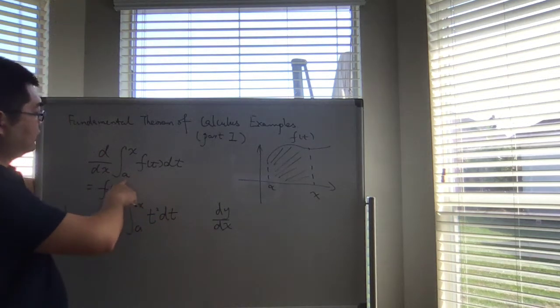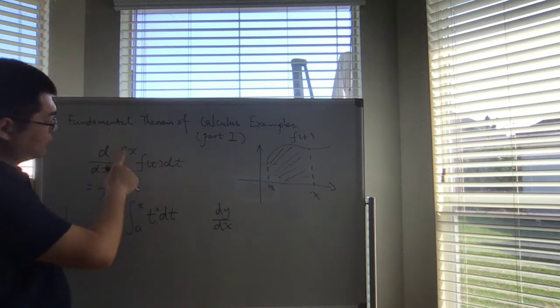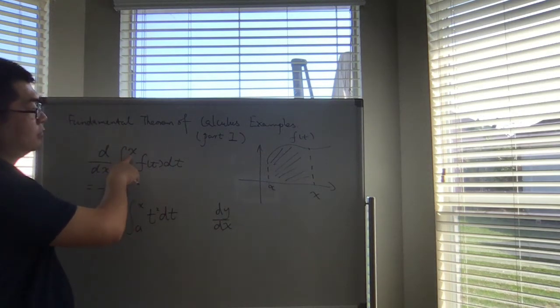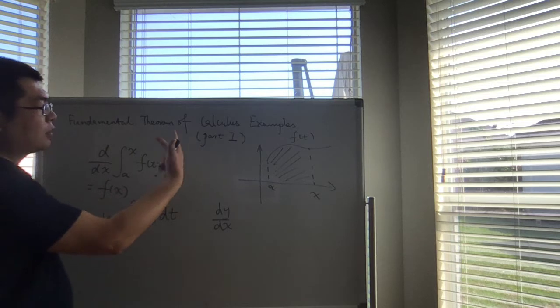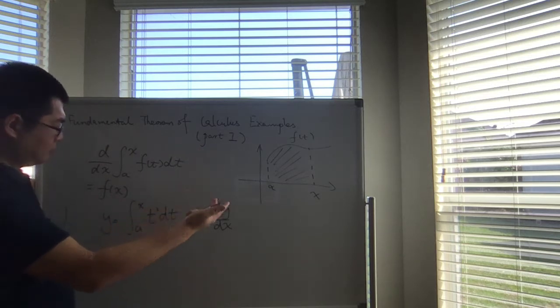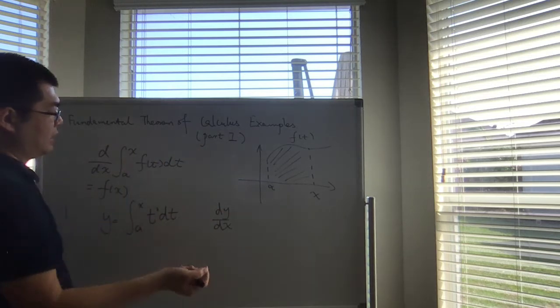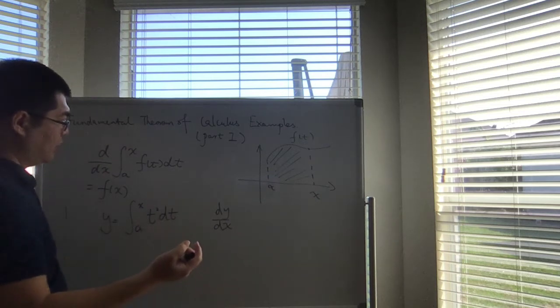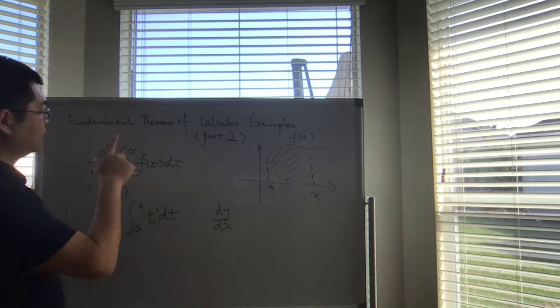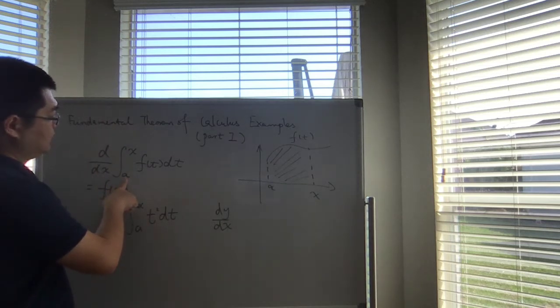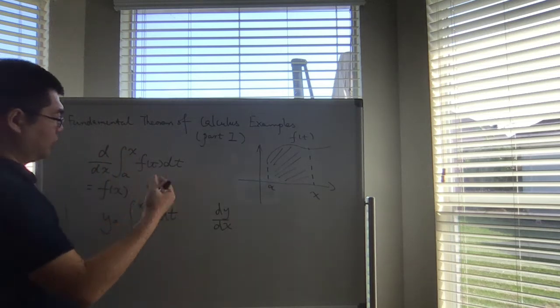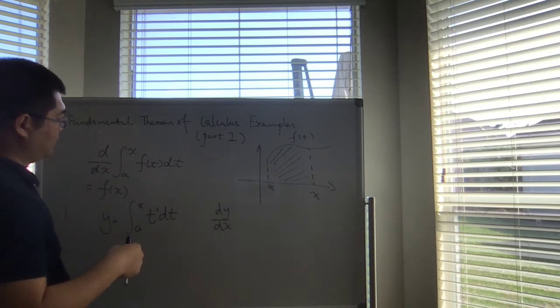Why? Because the integral is going to start from a constant to a variable, or maybe the variable is not only x, but a function of the variable x. Later on we're going to see some of them. So it starts from a constant to a variable, or a variable-involved function expression.